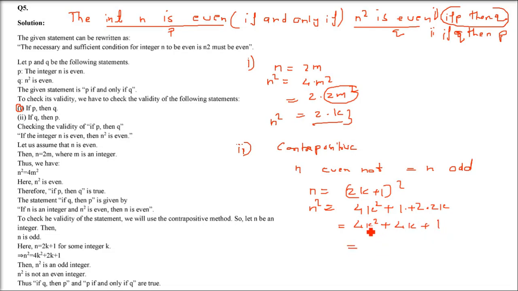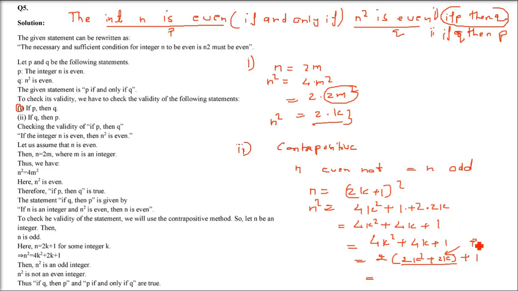You can just take 2 common from here, because I am going to show that it is odd. If n is odd, n square is also odd. That is the contrapositive method. So let us take 2 common. You can have 2 into (2k square plus 2k) plus 1. This you can take as any p, q or something.